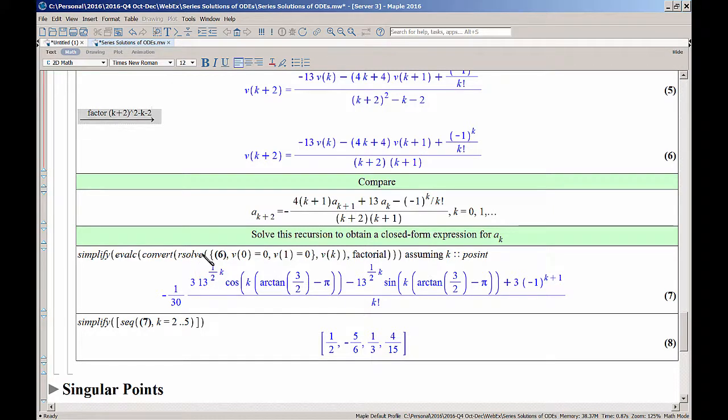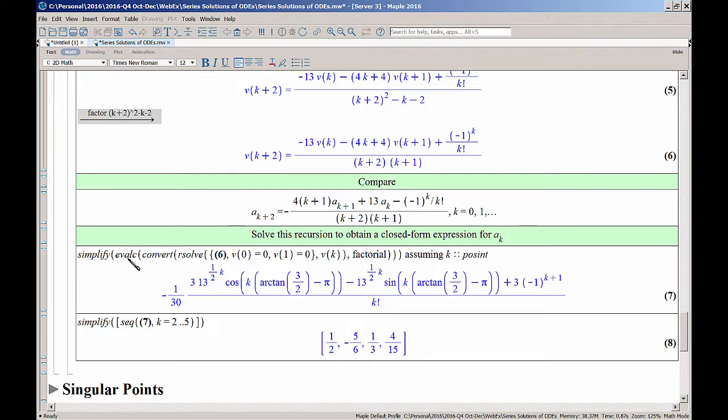Now when this solution comes back from this rsolve command, it will have the gamma function in it, and I wanted to change the gamma function to factorial, so I converted what would have been stuff with gamma functions into factorials. And then I hit it with evalc, because I, the imaginary unit, is in that solution.